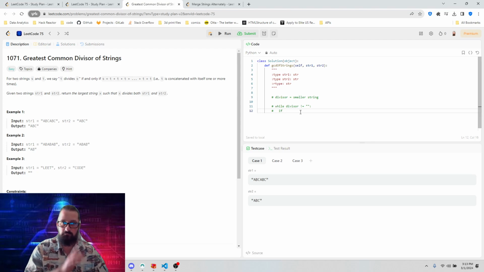So if div length, string 1 modulo div length, or string 2 modulo div length is greater than 0, then I can just move on. That's not going to be a divisor.